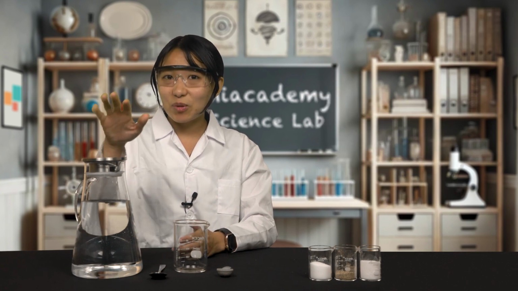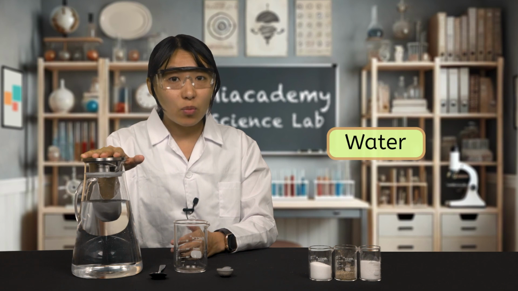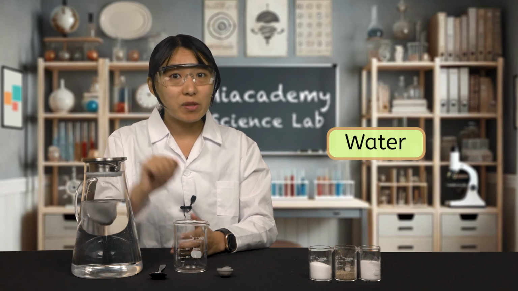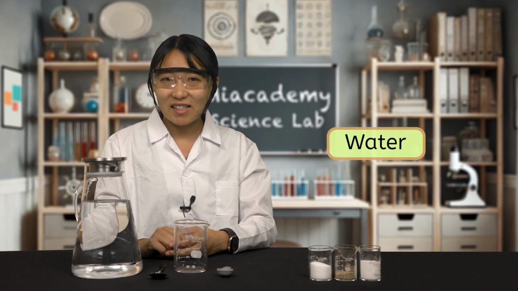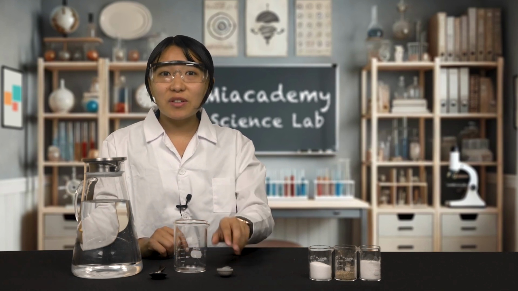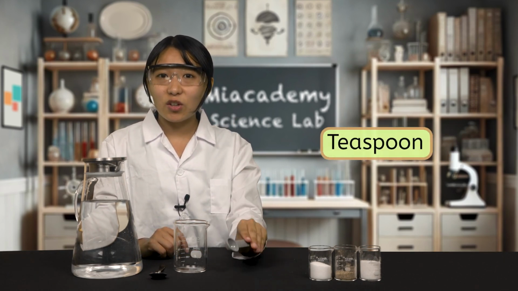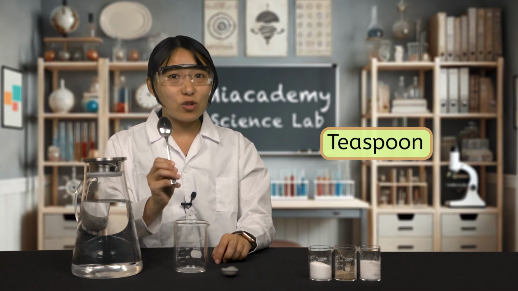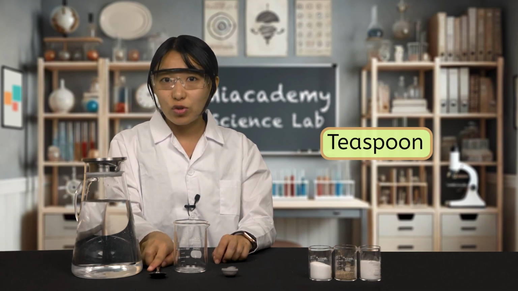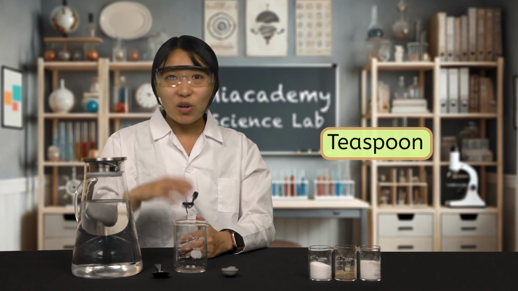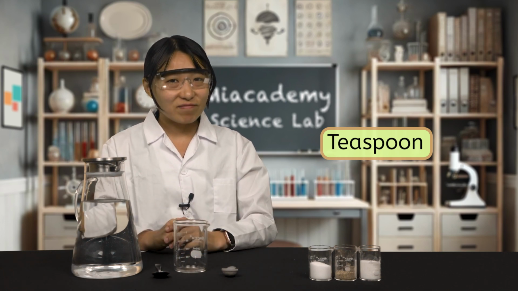Next, we'll need water. You may prepare 1 liter of water, or about 4 cups beforehand, or simply make sure there is a sink nearby while performing this investigation. We'll also need a teaspoon for measuring ingredients and a regular spoon for stirring. If a teaspoon is not available, you may use 2 regular spoons instead, one for measuring and one for stirring.